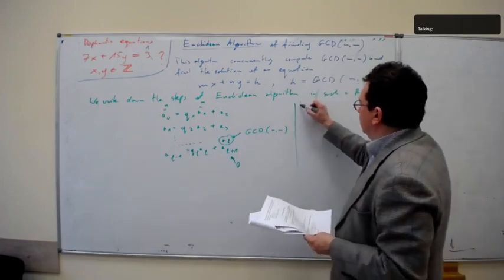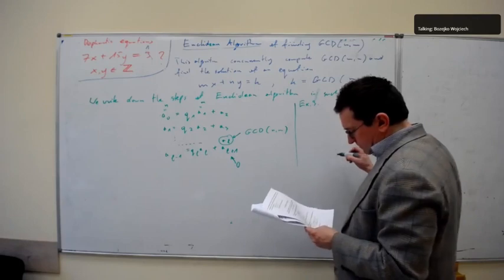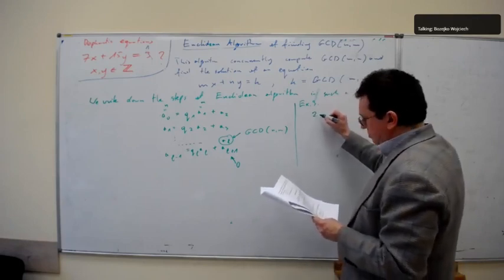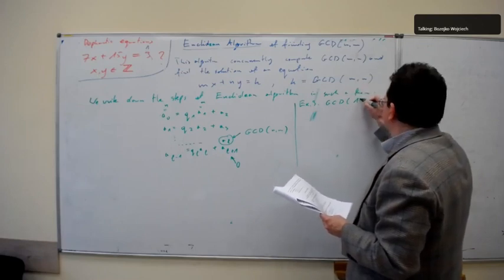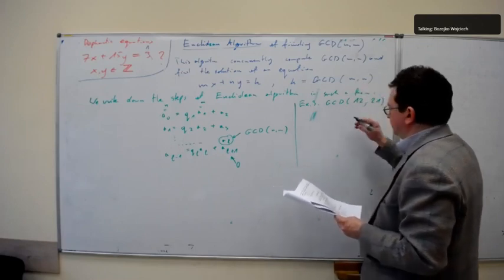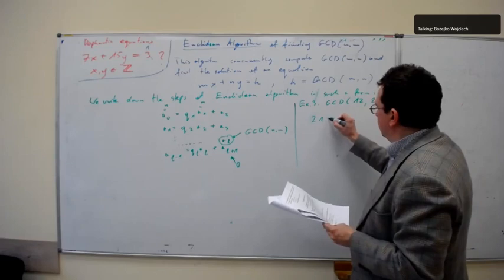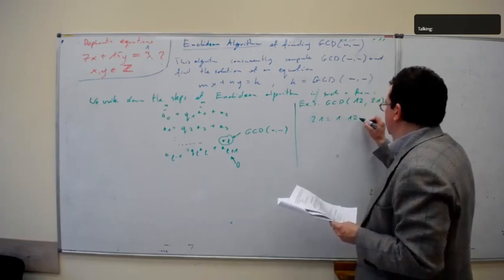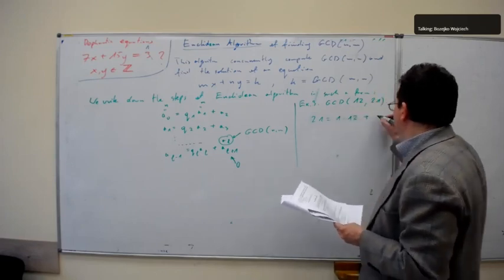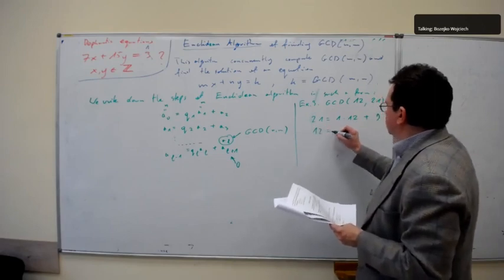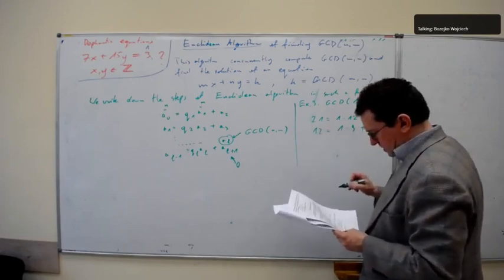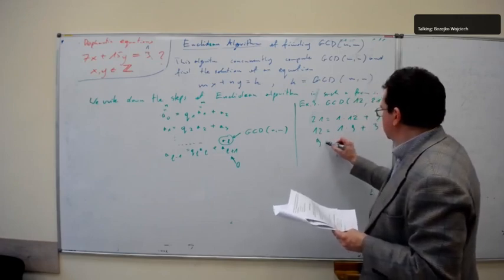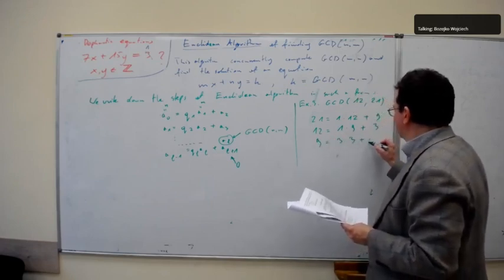Let's look at an example. Example 3. Let us find the greatest common divisor of 12 and 21. So we write 21 is 1 times 12 plus 9. 12 is 1 times 9 plus 3. 9 is 3 times 3 plus 0.